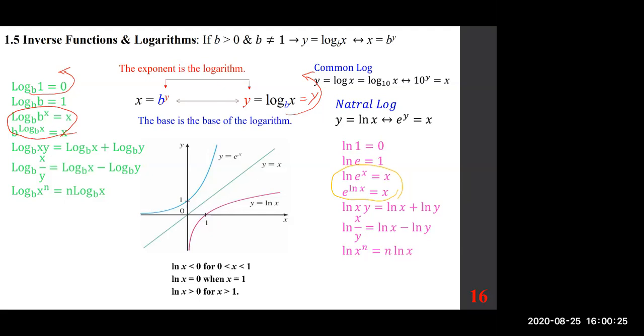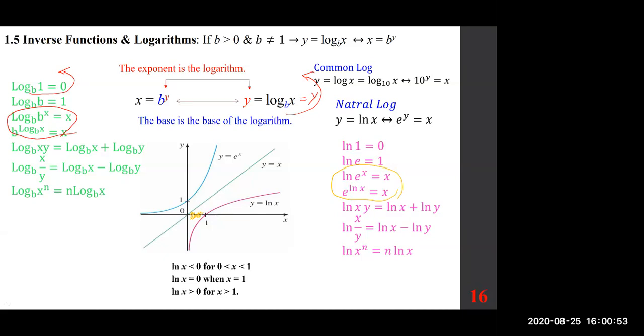When x is between 0 and 1, that means here, the graph of y equals ln x is below the x-axis, and that's why ln x is negative. At 1 it is 0, and then when x is larger than 1, different color.